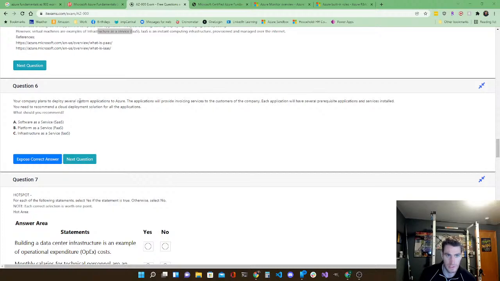Your company plans to deploy several custom applications to Azure. Each application has several prerequisite applications and services installed. So that sounds like, if you have to have a bunch of applications and services installed, you'd want a VM that you're setting up.